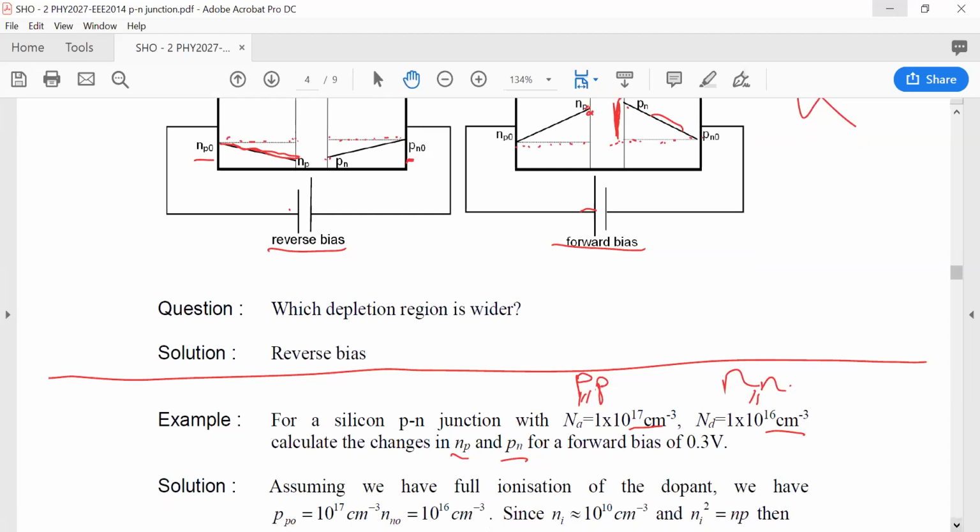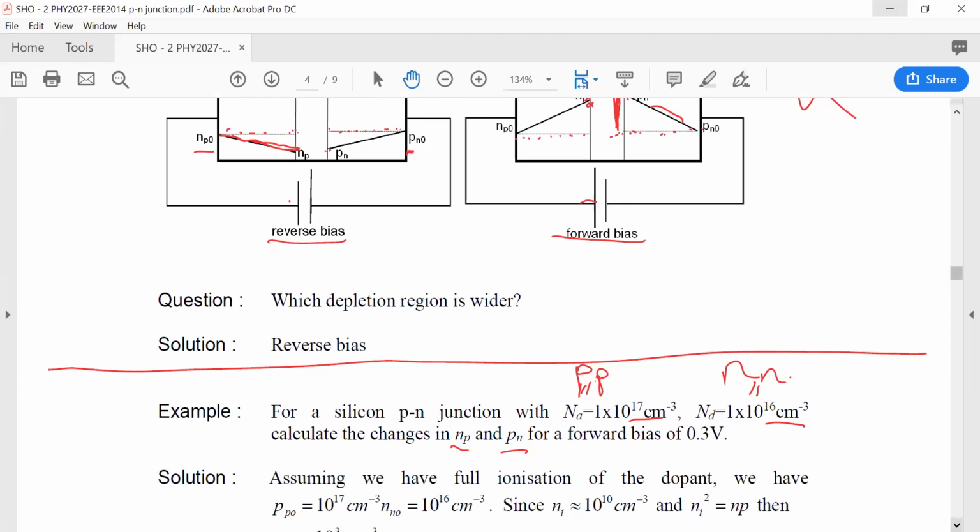So that's called full ionization. And then, as I've just written, you can assume that your p-type doping, the number of holes, is 10 to the 17, and your n-type doping is 10 to the 16. If that's the majority carrier concentration, it also means that we can work out what the minority carrier concentration is at equilibrium.